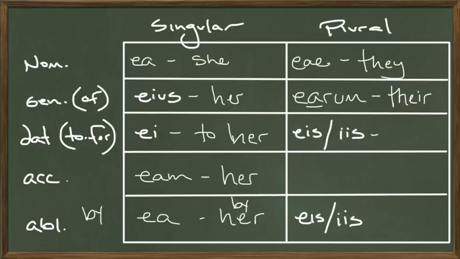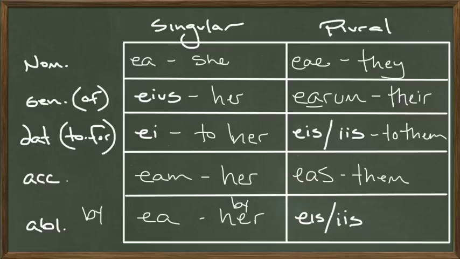Their mistress is Aemilia. Iis, to them. Eas, them. So audi eas, I heard them, or audio, I hear them. Let's go with that. Audio eas, I hear them.